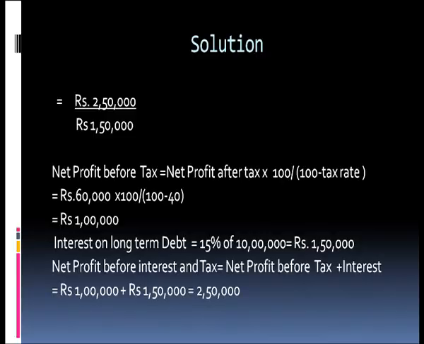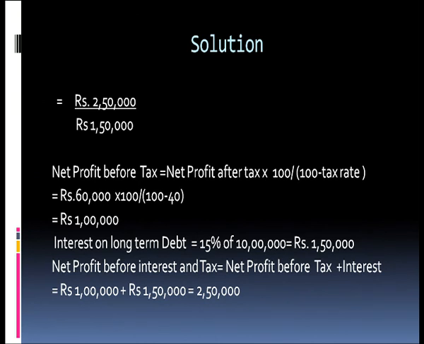Now, before we put in the values of the numerator and denominator, we need to calculate net profit before tax, which will be equal to net profit after tax into 100 divided by 100 minus the tax rate. That gives a figure of 1 lakh. For interest on long term debt, we need to calculate 15% of the debt taken, which comes out to be 1,50,000.